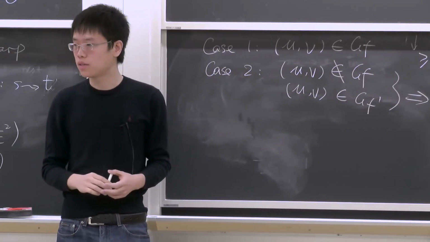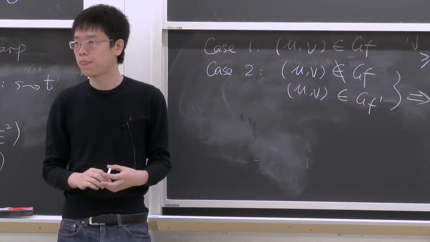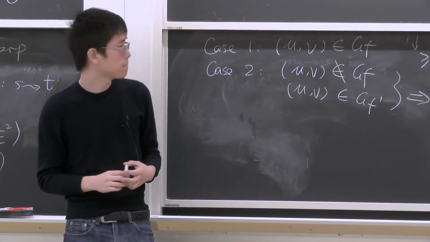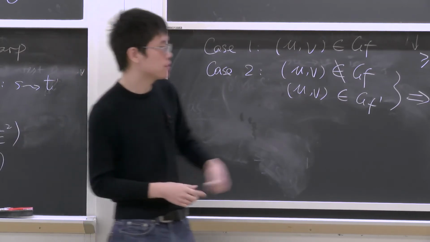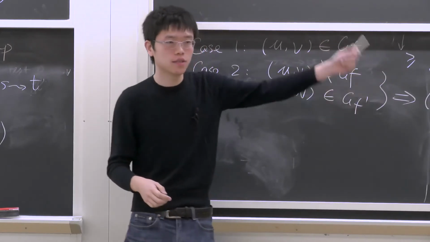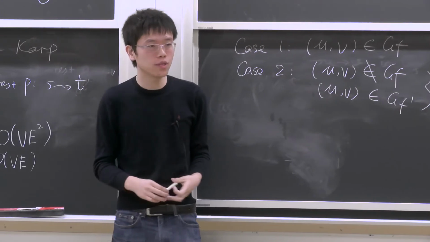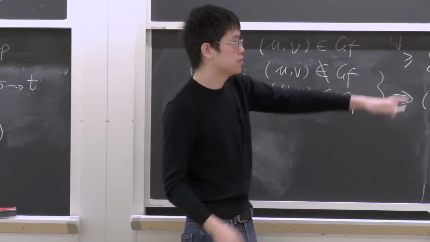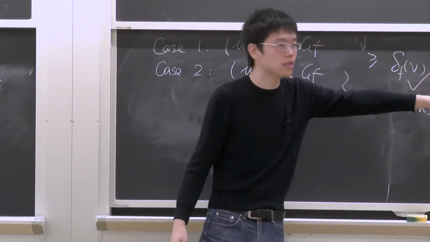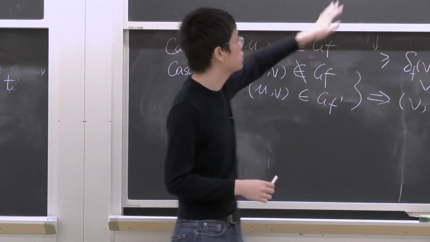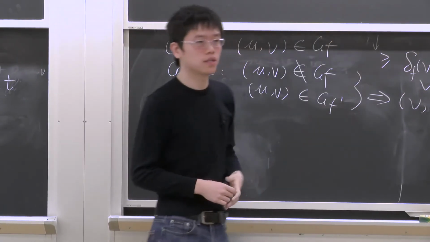And P is the augmenting path. U is delta P plus 1. Correct? Right? So if that is the augmenting path, in Edmonds-Karp, we are looking for the shortest path, right? So V is the predecessor of U, then delta of U is delta of V plus 1.